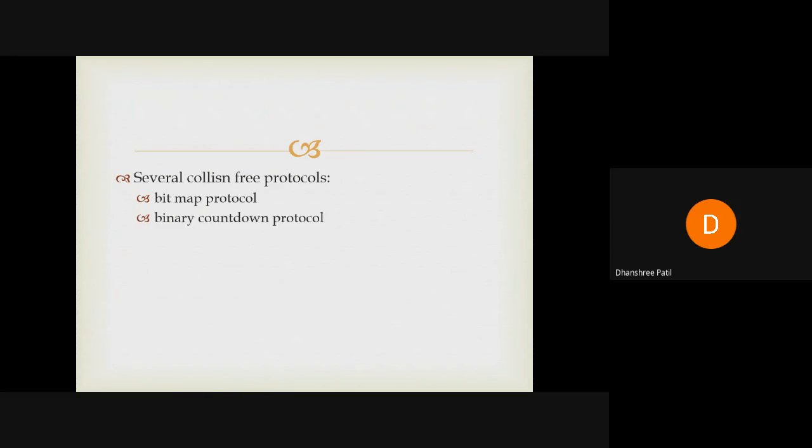Exactly two protocols we have to see: the first one is the bitmap protocol and the second is the binary countdown protocol.